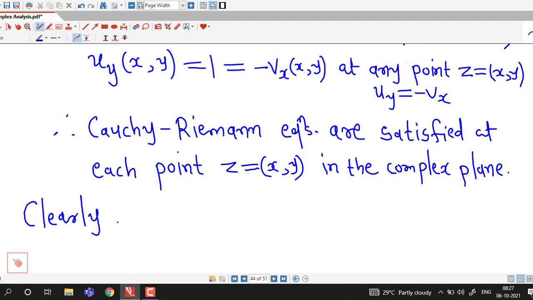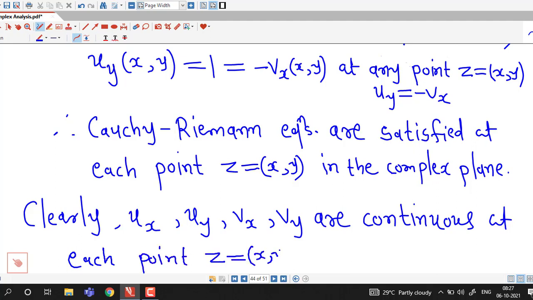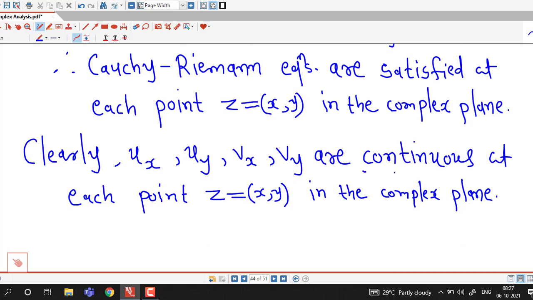It is clear that all the partial derivatives of first order of u and v are continuous at each point z equal to x plus iy in the complex plane. So both the conditions for differentiability are satisfied: Cauchy-Riemann equations are satisfied, and these partial derivatives are continuous.